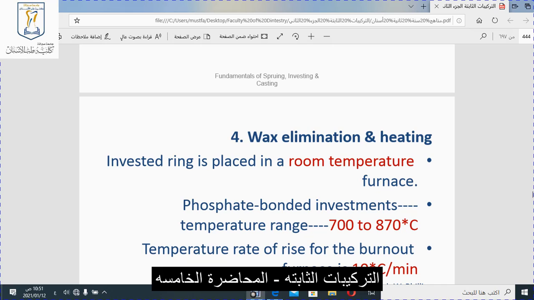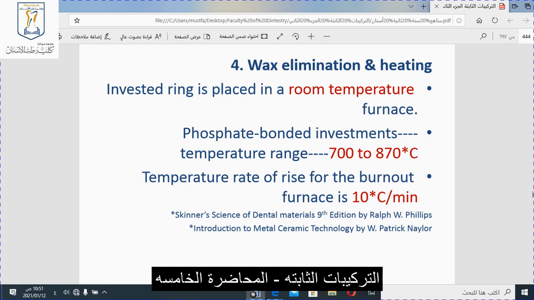For phosphate-bonded investment, the temperature is raised from 700 to 870 degrees. The rate of temperature rise for burnout must be controlled. You cannot run a higher temperature from the beginning.